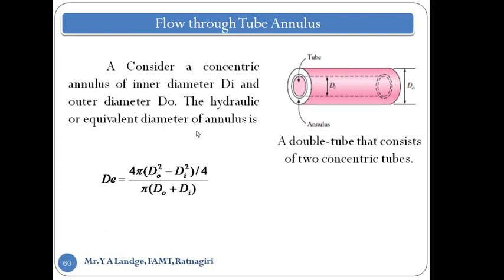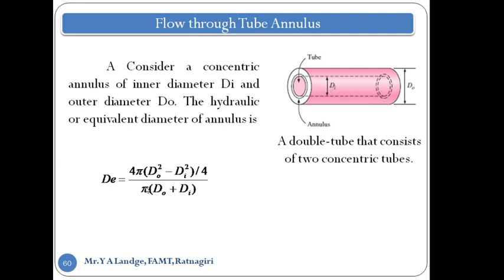For this condition, what is the cross-sectional area? It is 4 into pi, taking the common term, Do, the outer diameter of the pipe, squared minus the inner diameter squared, means the space through which the fluid flows, upon 4. Upon the wetted perimeter, which is pi into Do plus Di.